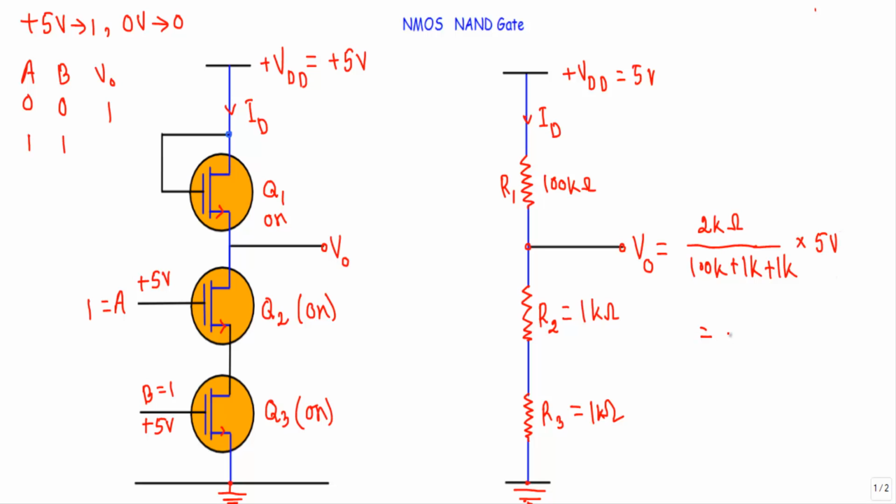Therefore here I will get 2 divided by 102 into 5, and that will be around 0.098 volt, or I can approximate this to 0 volt. Therefore you will see for inputs 1 1 our output will be at logic 0.